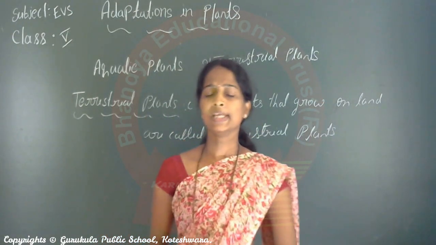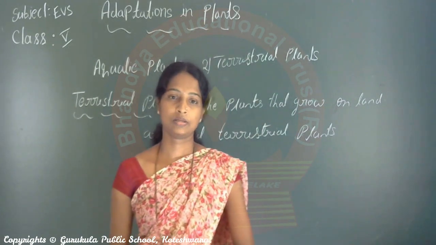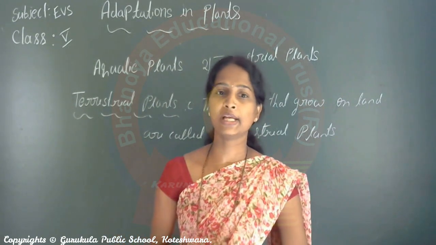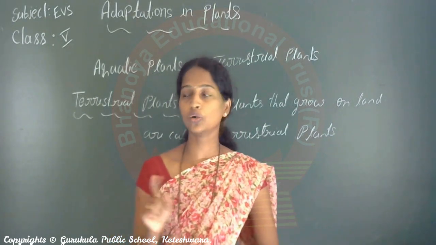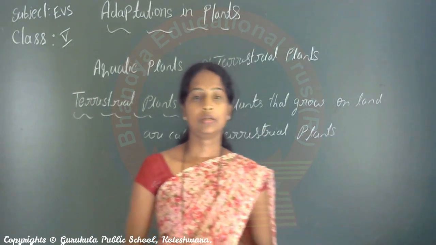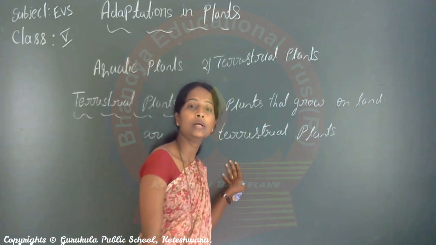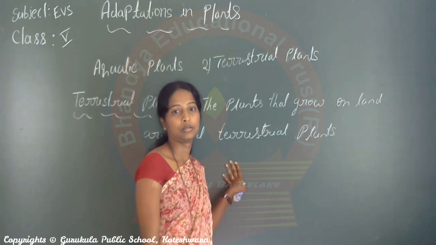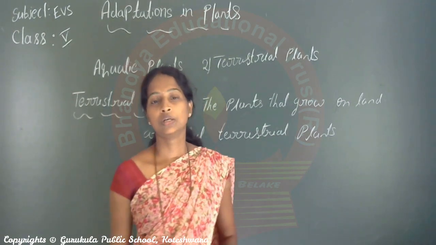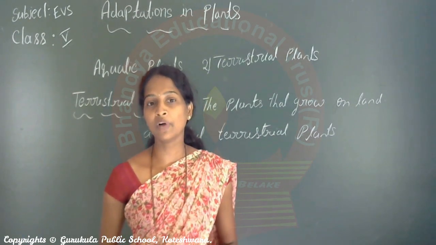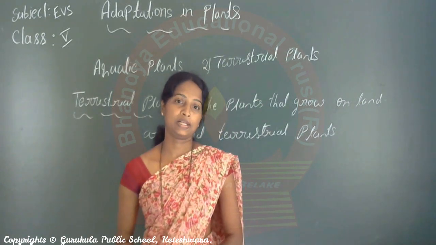See, we can see different types of terrestrial plants. All terrestrial plants do not grow in the same place. They grow in different areas or different places. Depending on their land forms, we can classify different types of terrestrial plants.